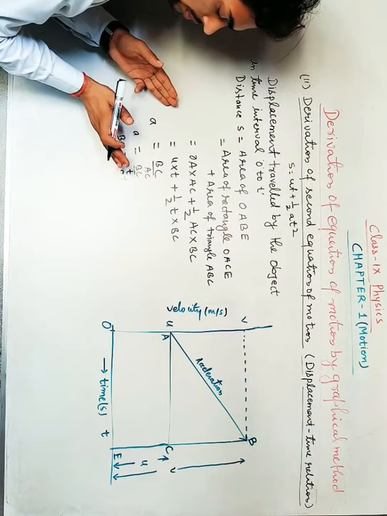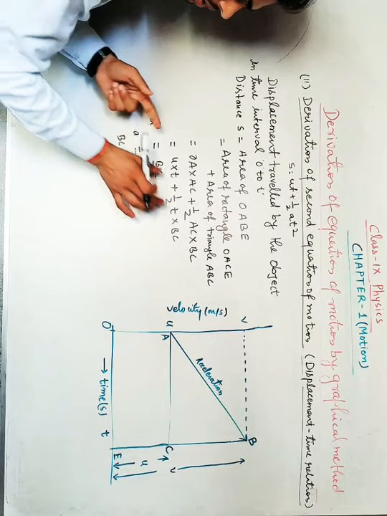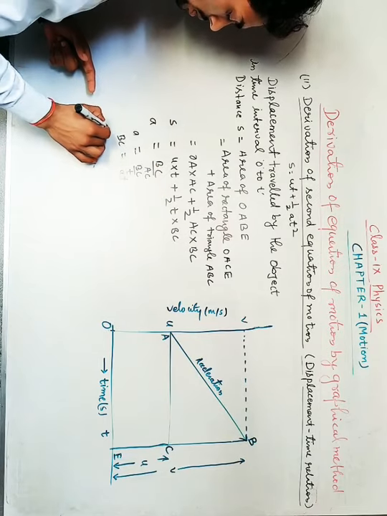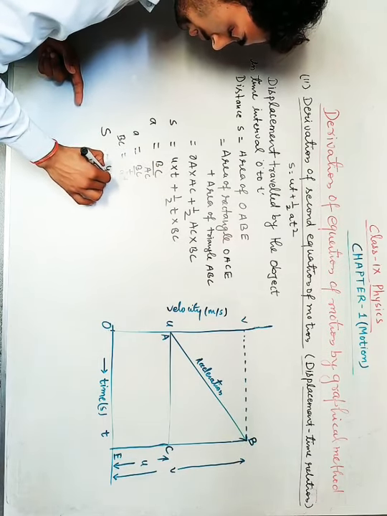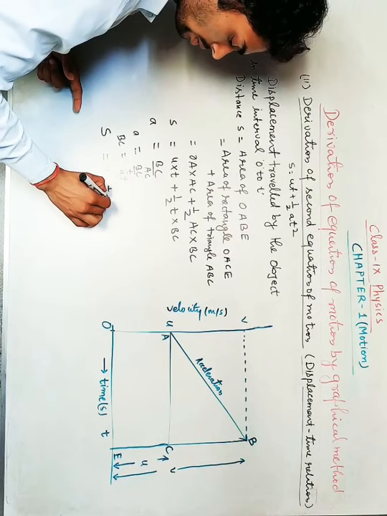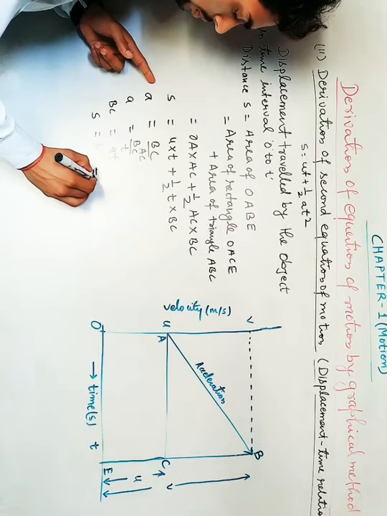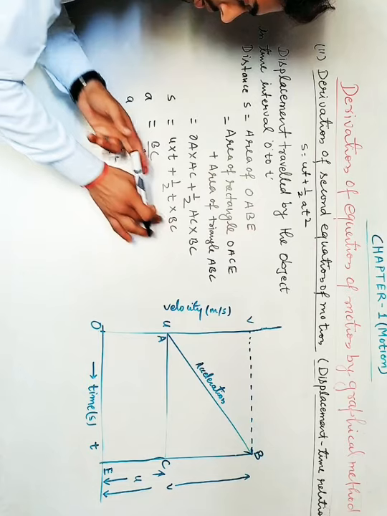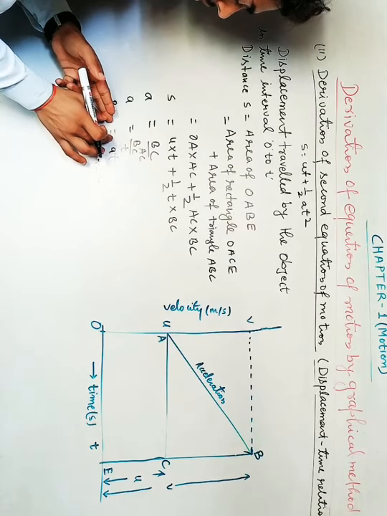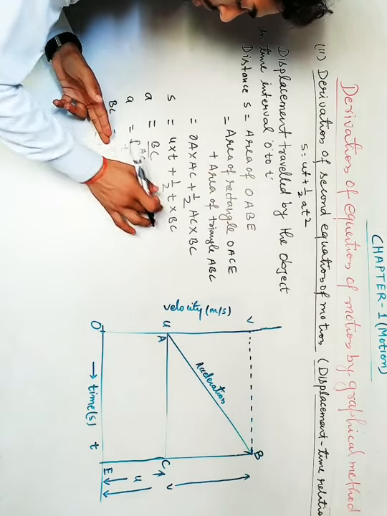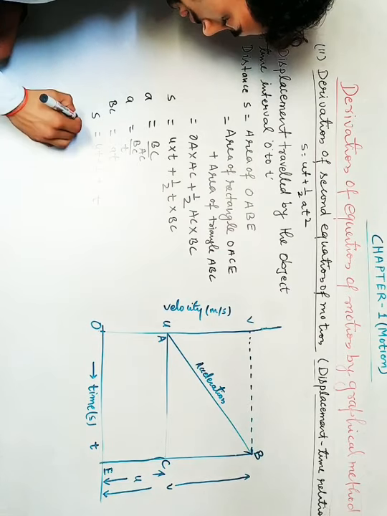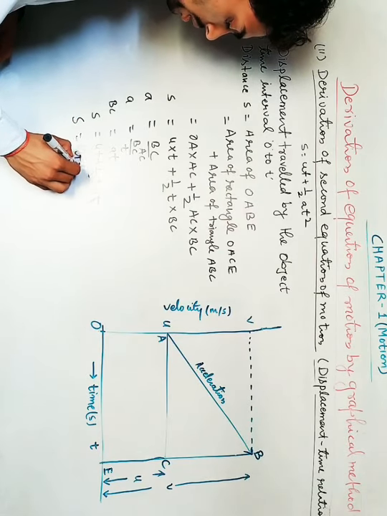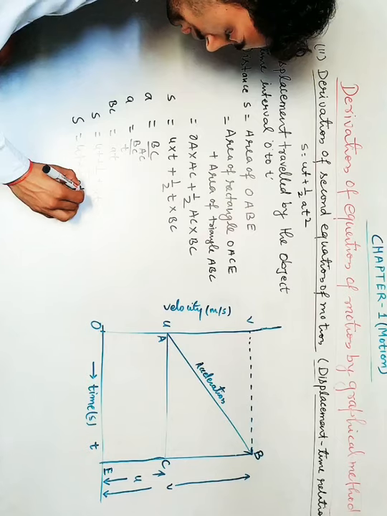Put the value of BC in this equation. Then s equal ut plus half t into at, so s equal ut plus half a into t square.